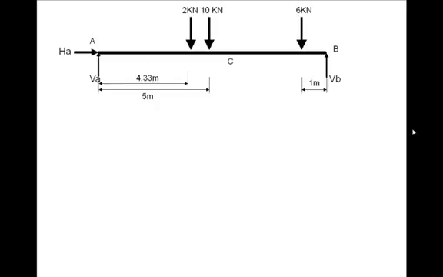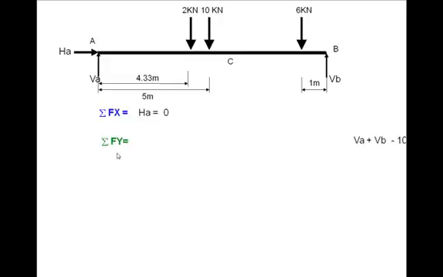So in other words, we have reduced that complicated loading system into 3 vertical loads, and now we are going to simply apply sigma Fx = 0, sigma Fy = 0, sigma M = 0 to these loads and the reactions. So sigma Fx = 0 again simply gives me HA equal to 0.